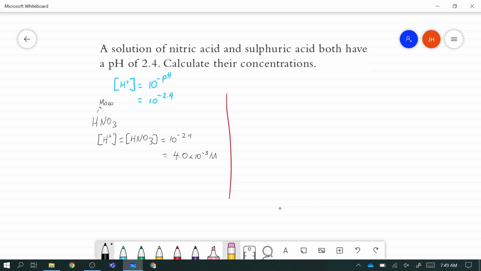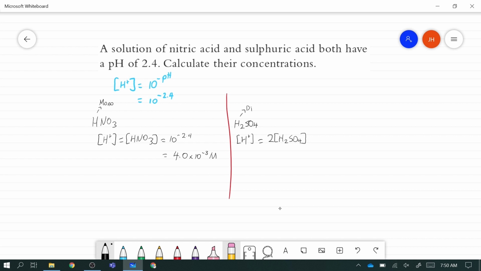However, for sulfuric acid, its formula is H2SO4. It's diprotic. Because it's diprotic, we can't make the same assumption about the hydrogen ion concentration and the concentration of the sulfuric acid in solution. The equation is going to look like this. The concentration of hydrogen ions is going to be double the concentration of our sulfuric acid.